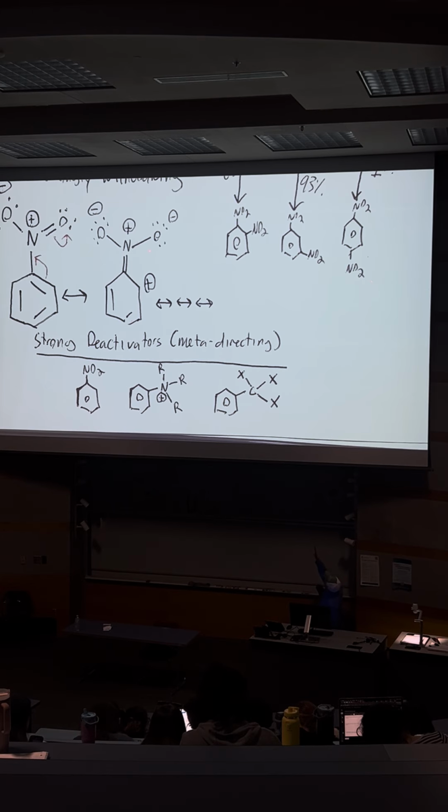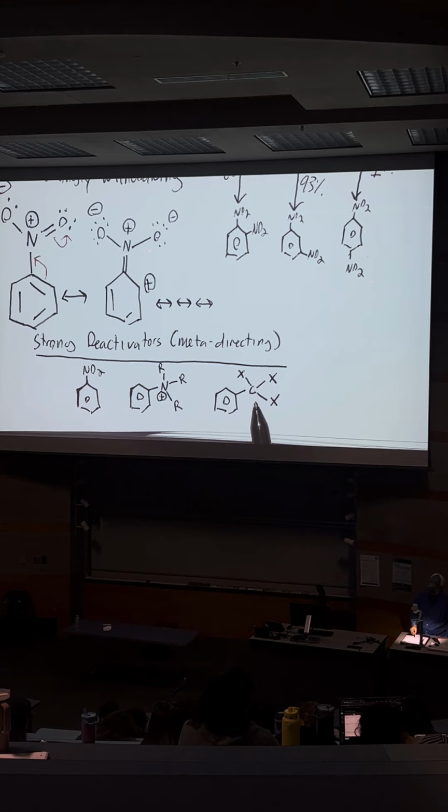So if you have an aromatic ring that has a carbon with 3 halogens attached to it, then you find that the electronegativity induction and withdrawal is amplified. So something like this is just as electron deficient as that.